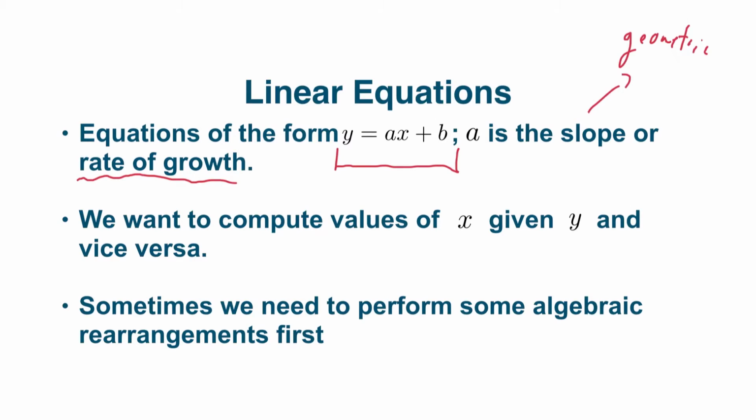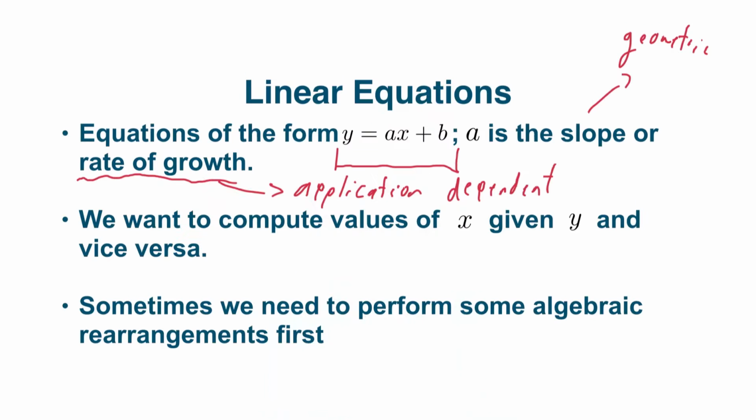So the rate of growth is typically application dependent. By which I mean, depending on what physical scenario we're modeling, you might come up with a different interpretation for the coefficient a. And I'll remark that, in general, we think of this number b as the y-intercept.